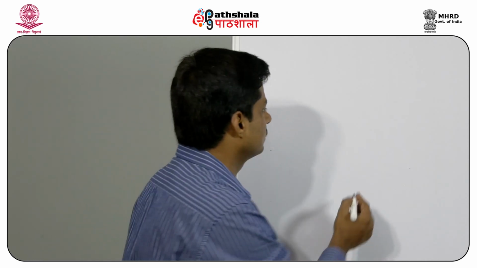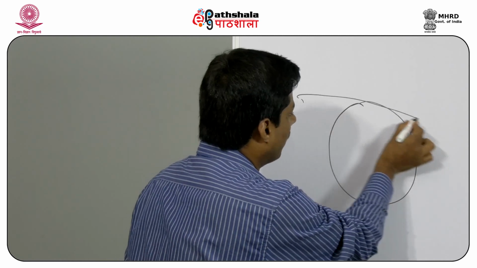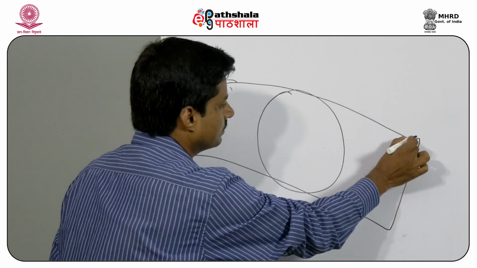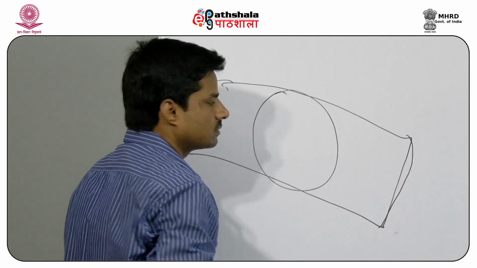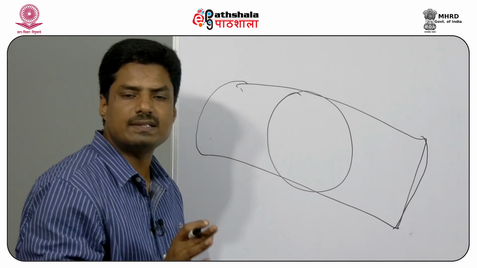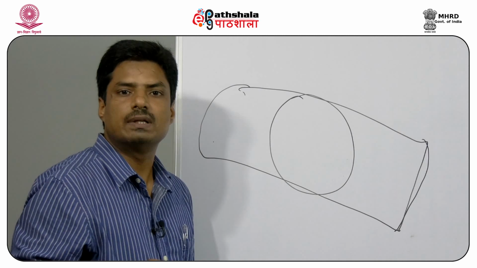In transverse Mercator's projection, we place the cylinder a little bit tangent. You will be clear about it with the help of this diagram. This is the globe, and suppose we are having a cylinder around this like this. By placing the cylinder like this, we will be able to overcome the exaggeration.